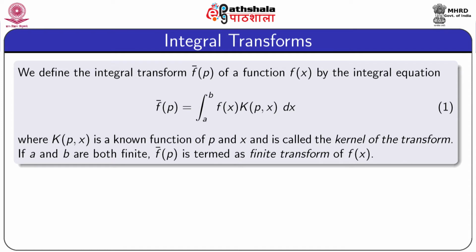The function k, which is a function of the variables p and x, is known as the kernel of this transformation. If a and b are both finite, f bar p is termed the finite transform of the function f(x). Now, depending on the expression for the kernel k and the limits a and b, there are different types of integral transform.